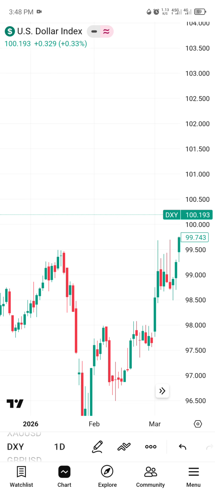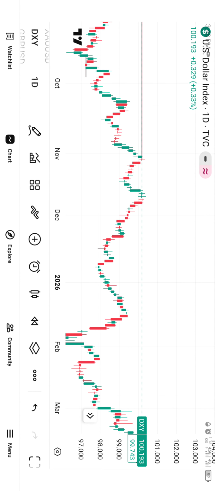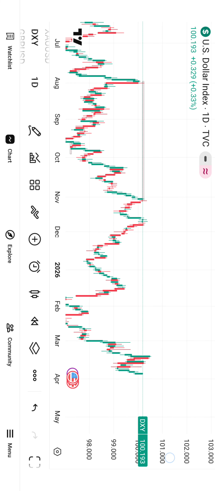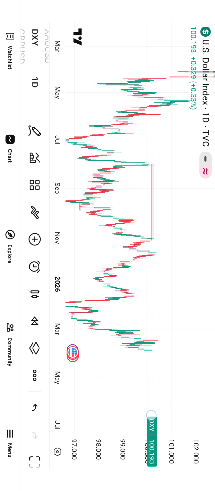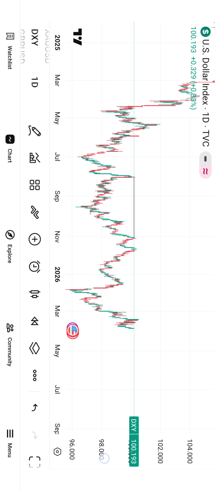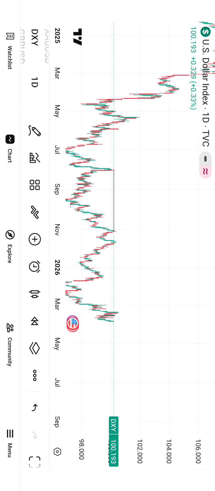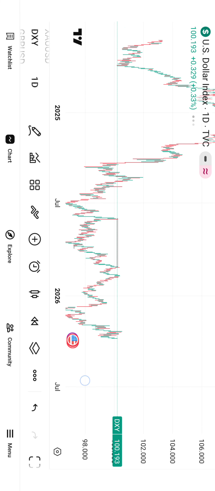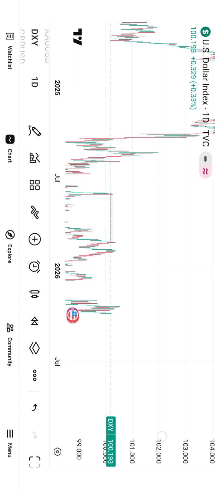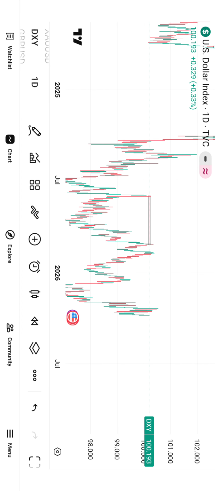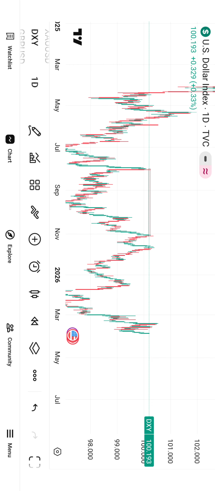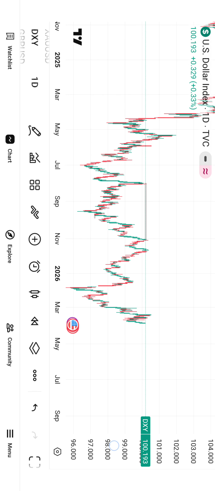When we look at the market structure, or what some people call directional bias, we see that the DXY index is relatively bullish on the daily time frame.